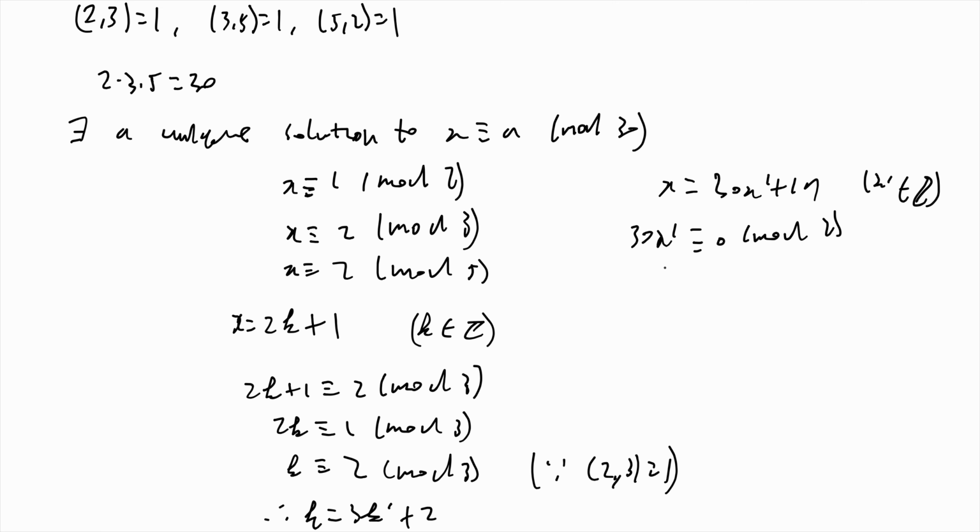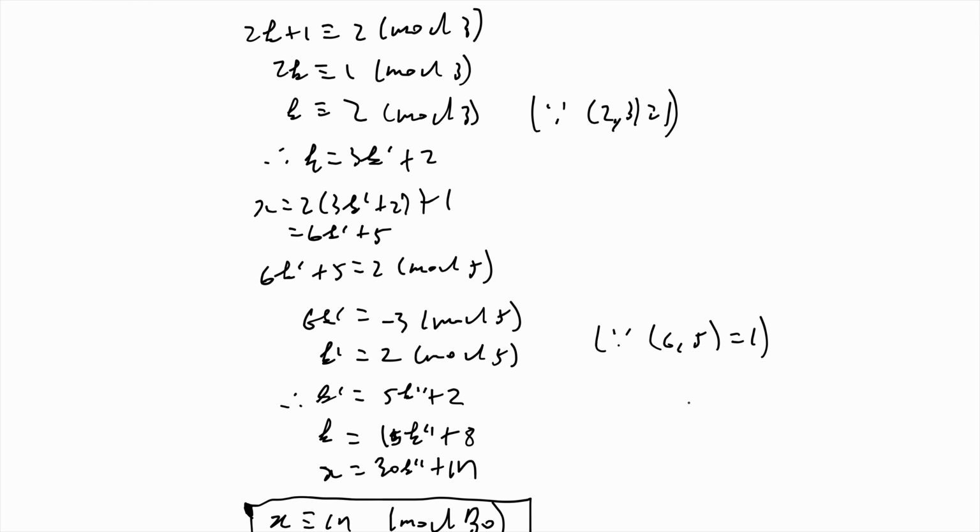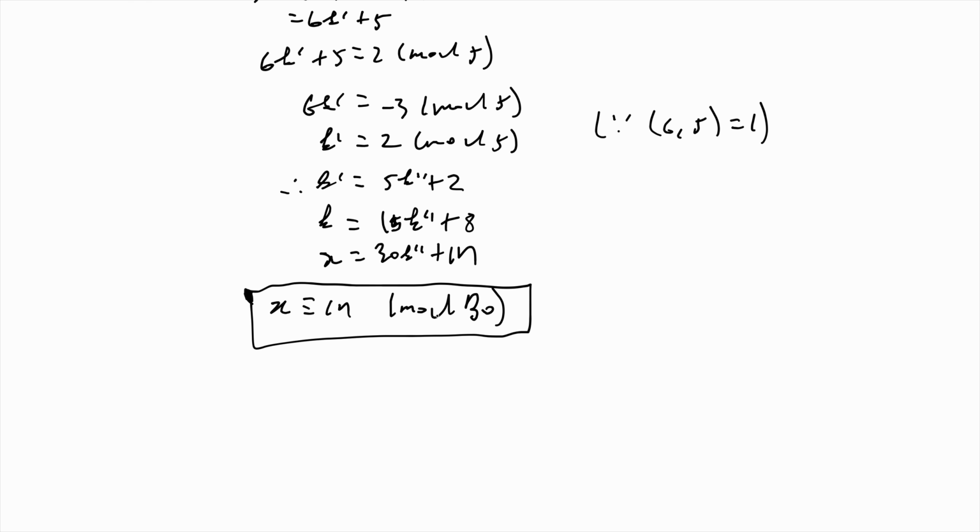The second one is also congruent to 0 mod 3, which is also true, and congruent to 0 mod 5, which is always true because 30 is divisible by 2, 3, and 5. Therefore, we checked it again, and indeed our solution is correct, I think.